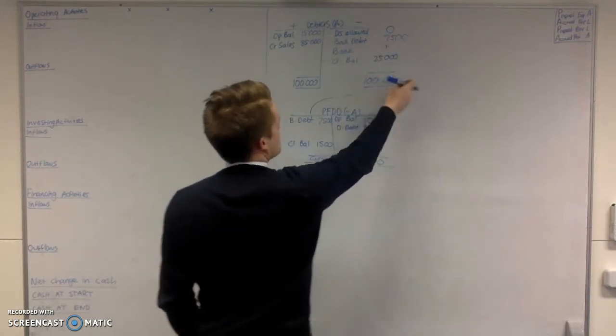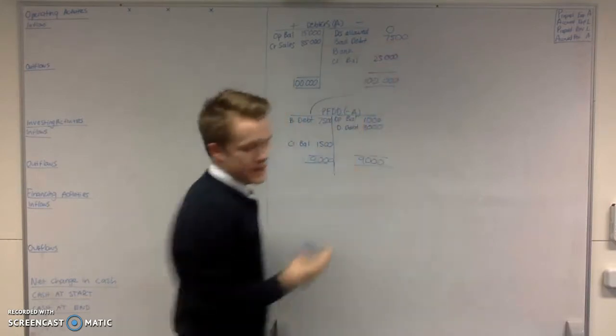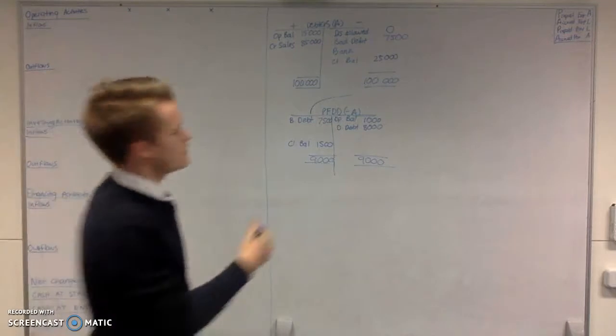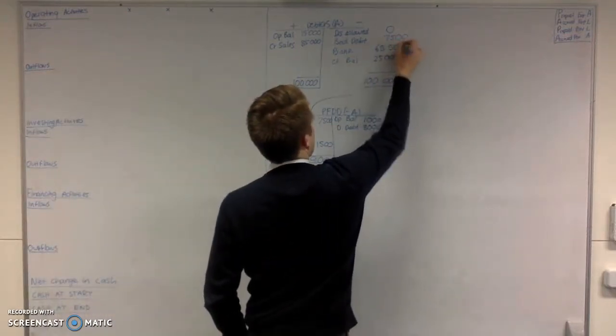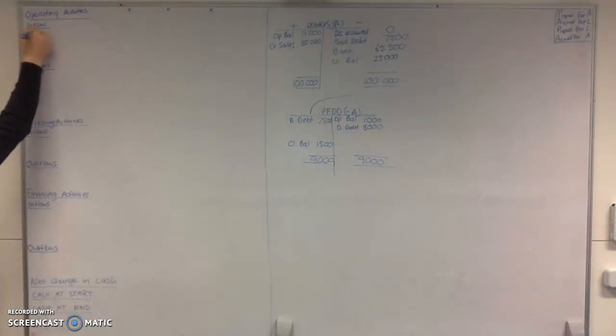So $100,000, take 25, take 7,500. It's going to leave us with a bank figure of 65,500. And that is our receipts from debtors, our first inflow in the cash flow statement.